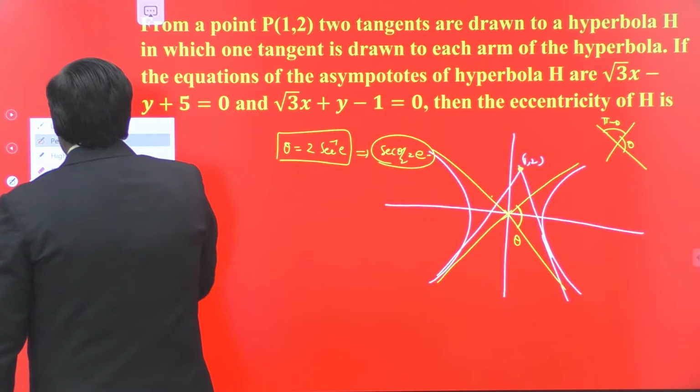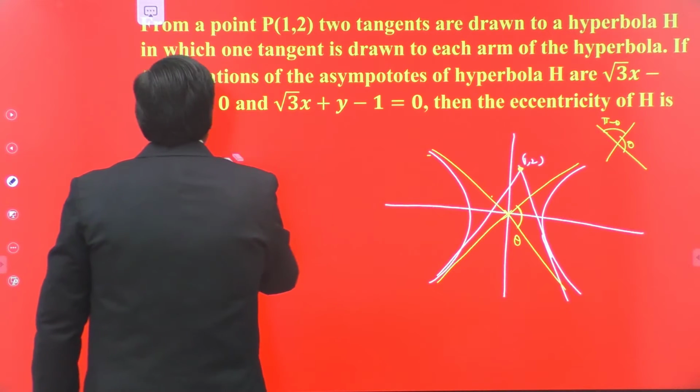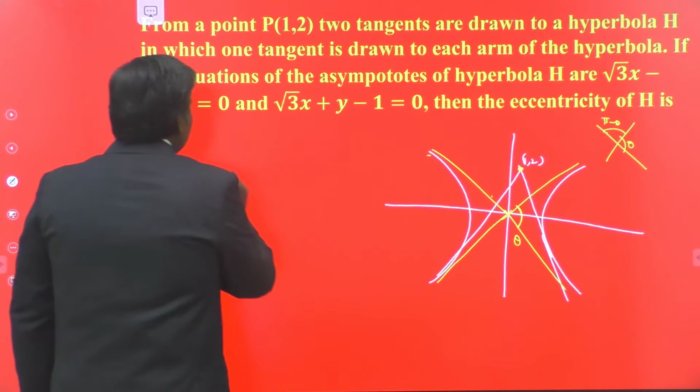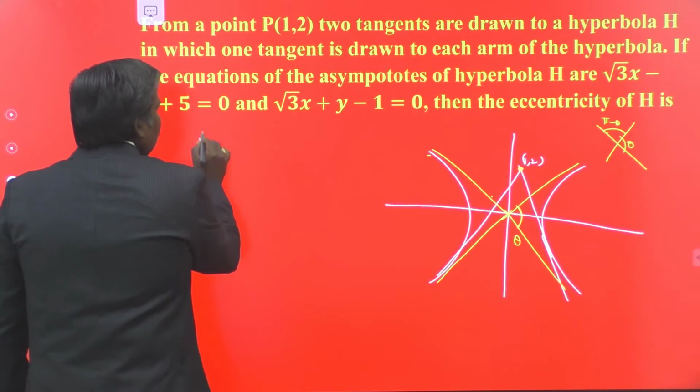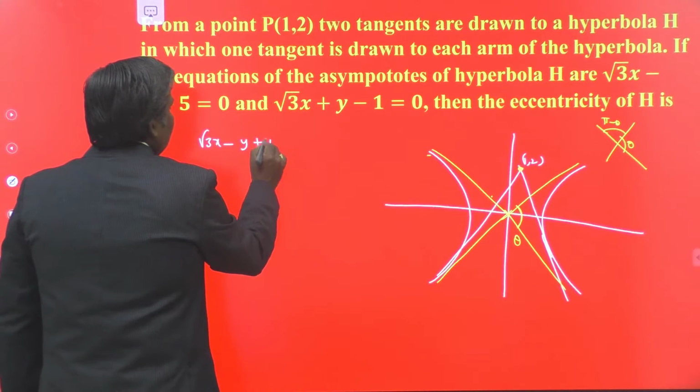Okay. For that, first of all, I write the equations such that their constants are positive. So what are they? Root 3x minus y plus 5 equal to 0.